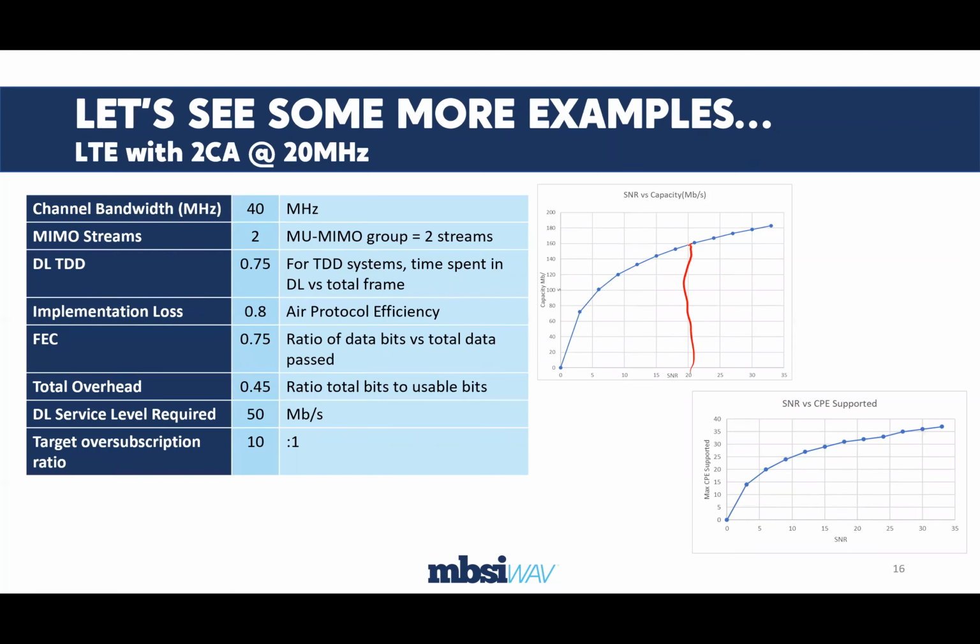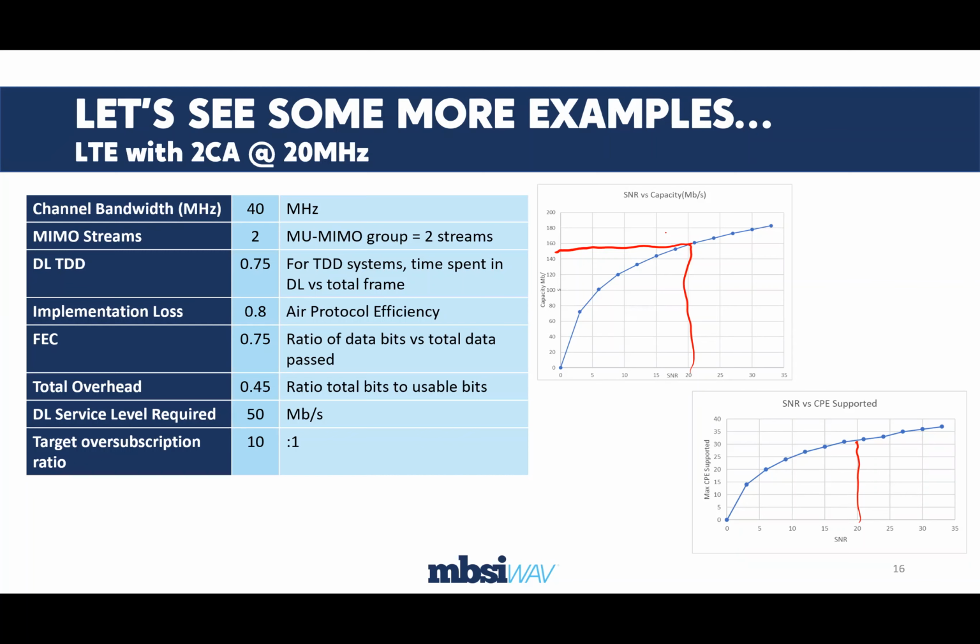I'm at 160 than I was before, and so I'm serving more than 30 customers at that rate. If MU-MIMO is operating and I have 2 groups, well then of course I'm pushing this even higher, about 45% higher, and I'm serving about 45% more customers.